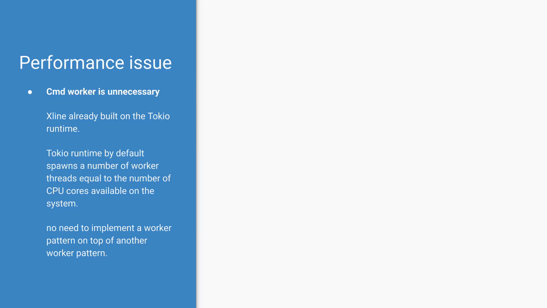And in the current design of Xline, it will spawn workers to handle commands received from the conflict channel, and this is redundant because there's no need to implement a worker pattern on top of another worker pattern, as it only introduces extra overhead.